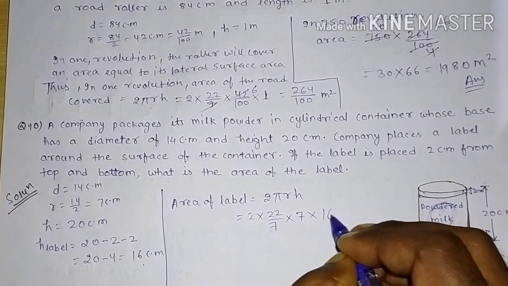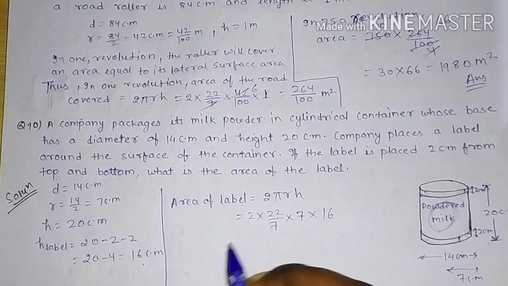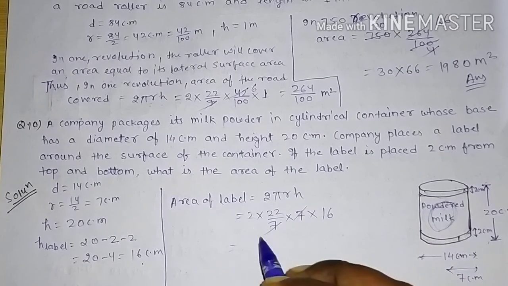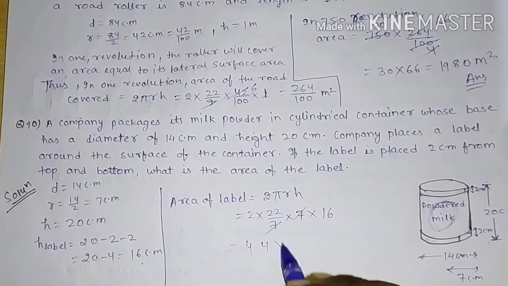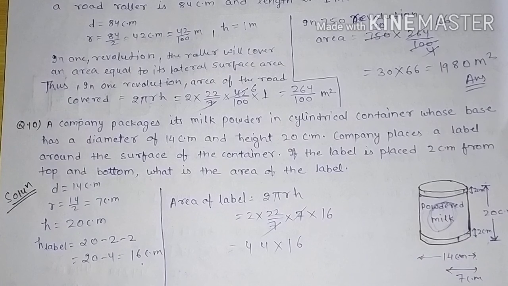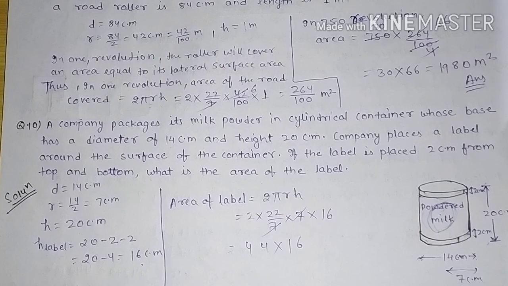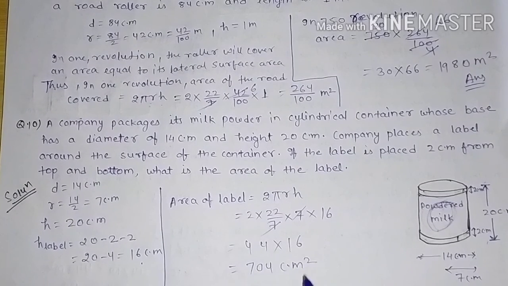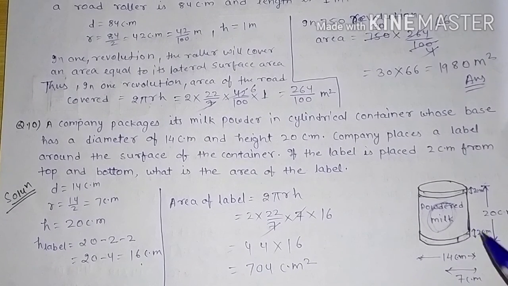So this is 16. Now just simplify it. So the 7 will cancel out. So it will be 2 2s are 4, 44 into 16. Just multiply it. So it will be 704 centimeter square. Now this is the area of the label.